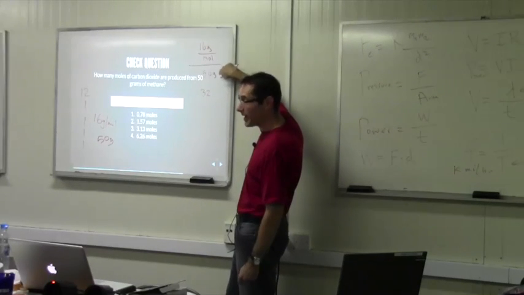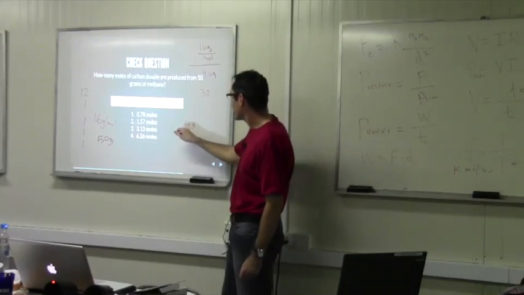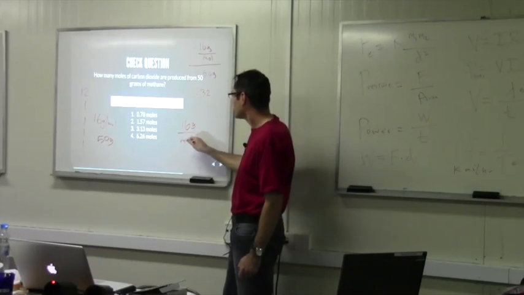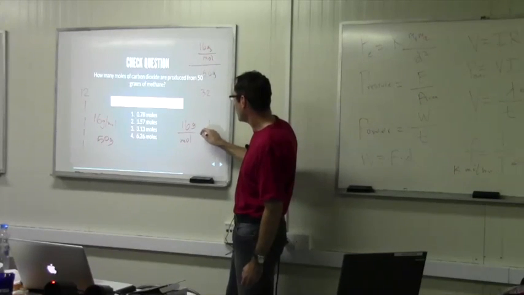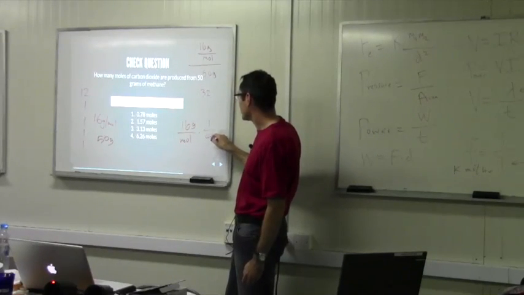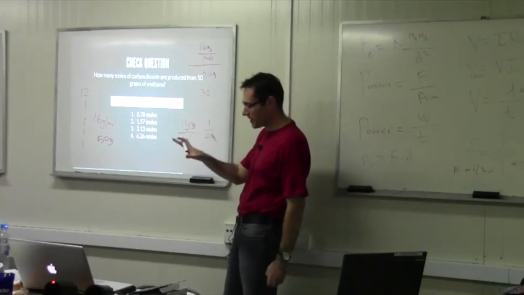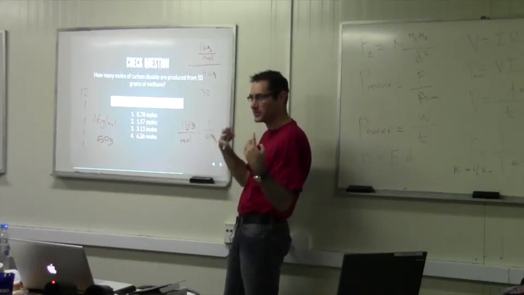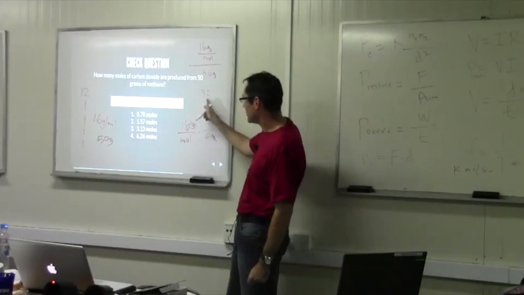Well, you have to flip the bottom one, right? 16 grams per mole, and if we flip this over, this is 50 divided by 1, times 1 divided by 50 grams. The grams cancel out. This is all stuff that I'm not going to make you do, but dimensional analysis is a really important skill. The grams cancel out. You divide 16 by 50, you get 0.32.